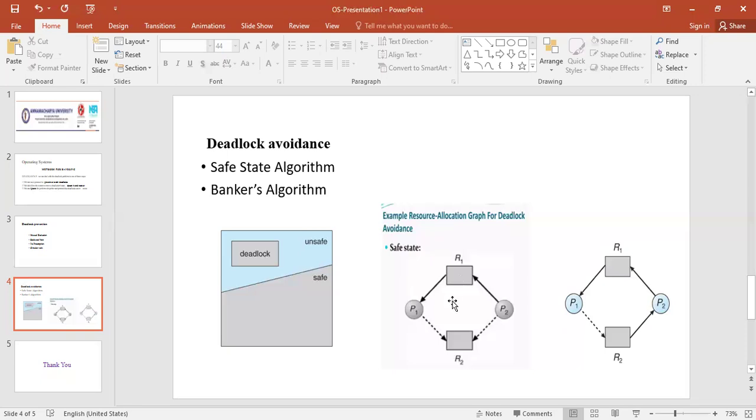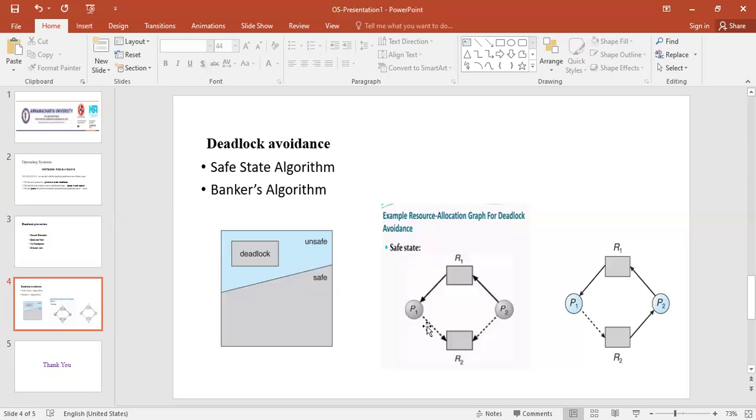In the last session, in the resource allocation graphs, we discussed one point: if an arrow indicates from process to resource, it is a request edge, and if it goes from resource to process, it is allocated to the process, that is an allocated edge.